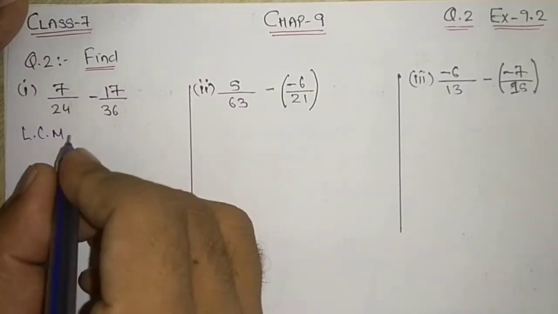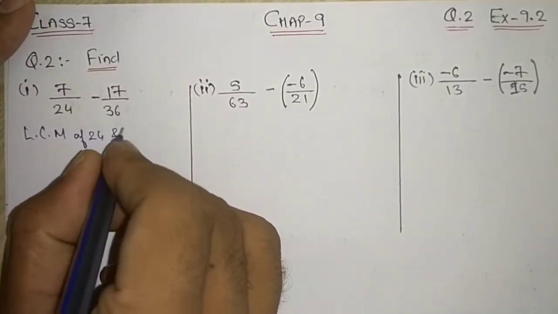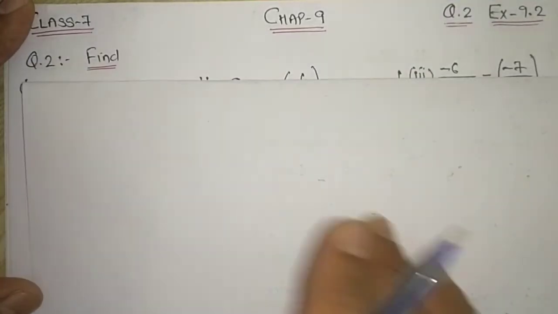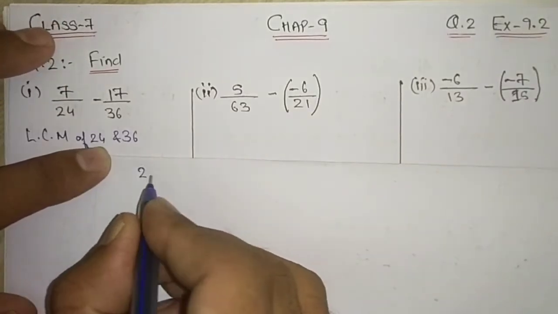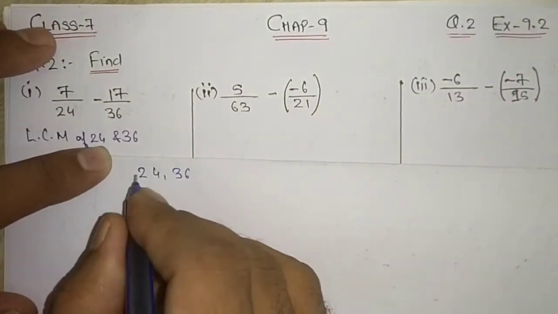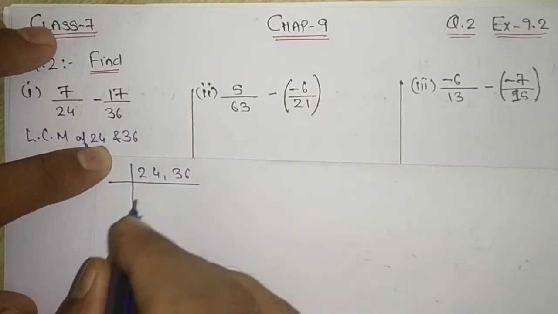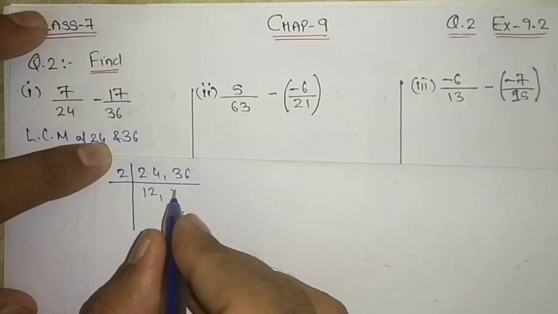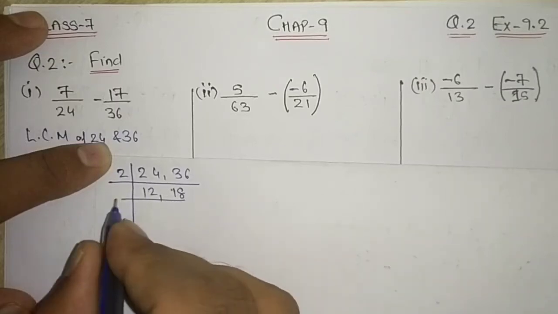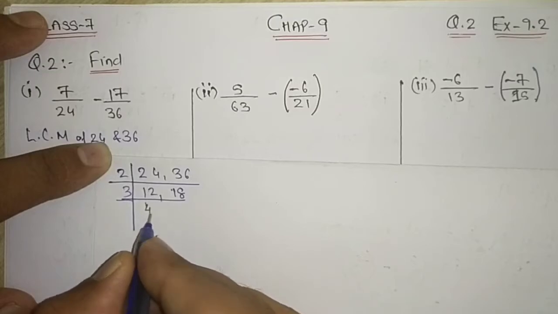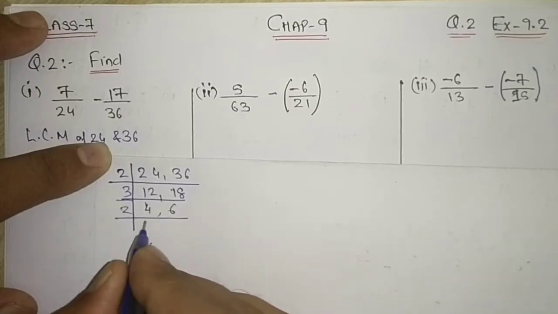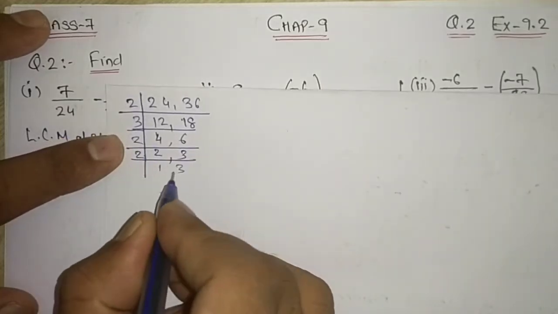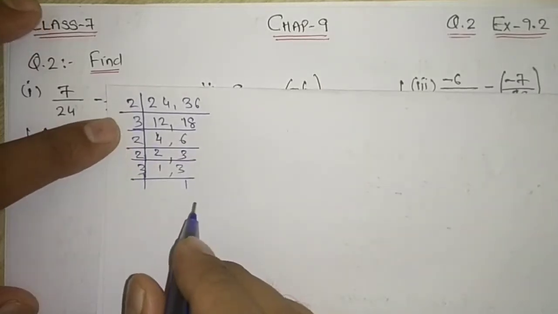So we will take the LCM of 24 and 36, because they have common factors between them. Both of them go in 2's table: 2 12's are 24, 2 18's are 36. Now 3 4's are 12 and 3 6's are 18. Again 2 2's are 4, 2 3's are 6, 2 1's are 2 and 3 1's are 3.